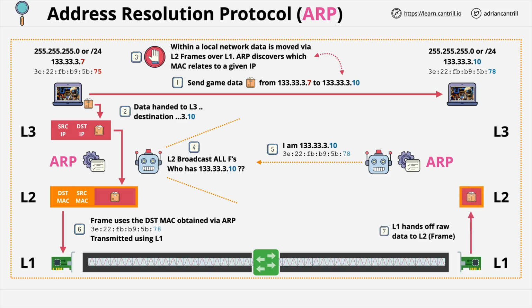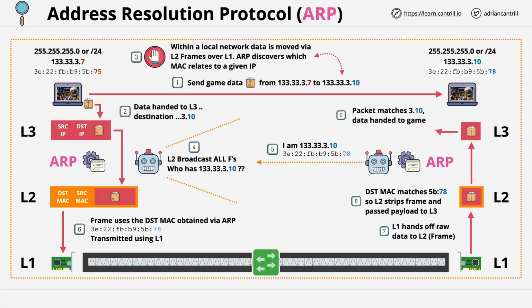Now its layer 2 software reviews the destination MAC address and sees that it's destined for itself, so it strips off the frame and it sends the packet to its layer 3 software. Layer 3 reviews the packet, sees that it is the intended destination, and it de-encapsulates the data, so strips away the packet and hands the data back to the game.